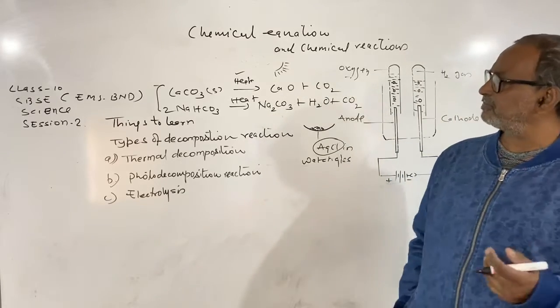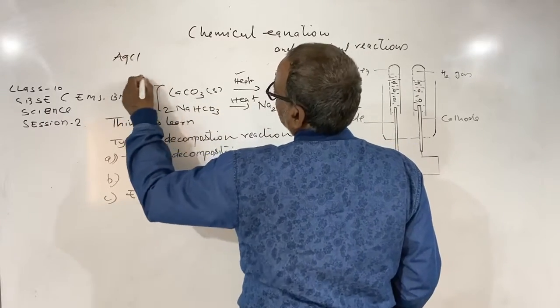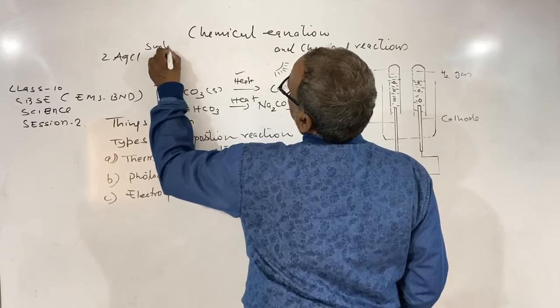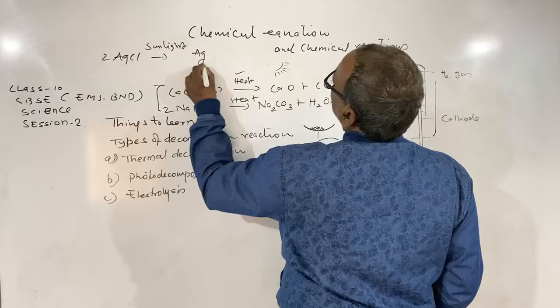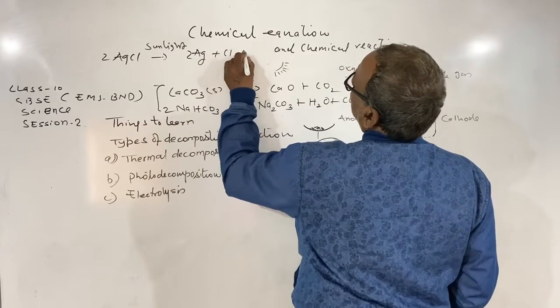So actually what happens when silver chloride is exposed to sunlight, it decomposes into metallic silver and chlorine gas.